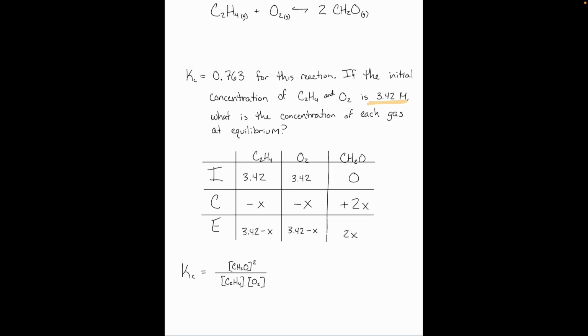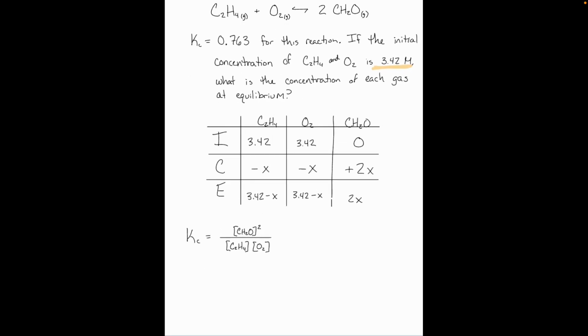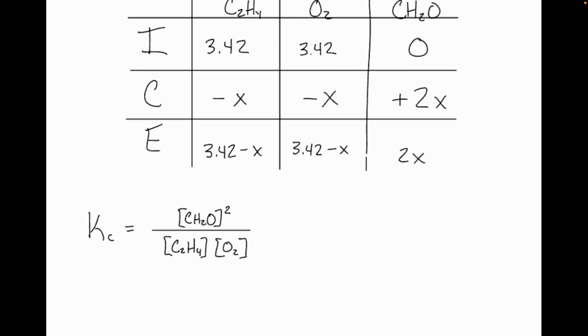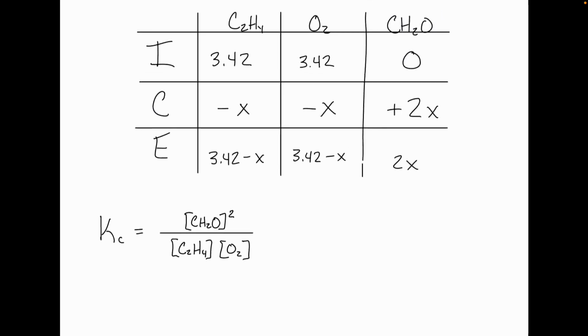All right, now we've already built our equilibrium expression. Now you just need to fill it in with the information from our ICE table. Substituting these variables here. This was our goal in life, to replace these with variables from our ICE table.